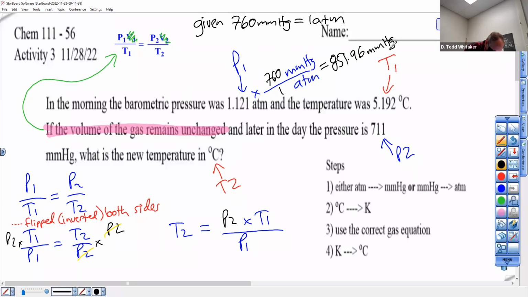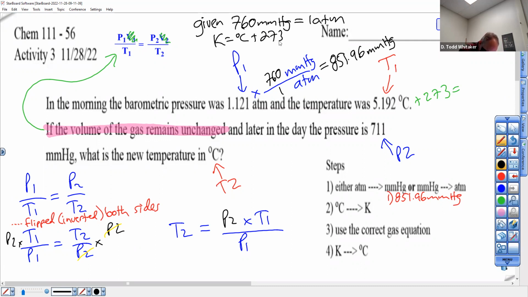And now we can do our conversion. Here's one. We got it right there. It's 851.96. Degrees Celsius to Kelvin, we got 5.192 Celsius plus 273 because given is Kelvin equals degrees Celsius plus 273.